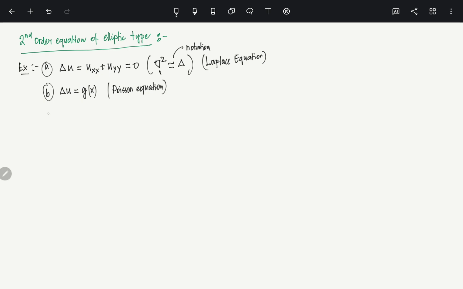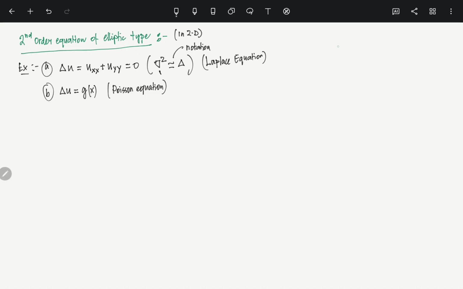Here the g has x, and I'm doing it in 2 dimensions. It doesn't have to be 2 dimensions; I'm just doing it for 2 dimensions for us to understand. If it is 3 dimensions, you just add one more.